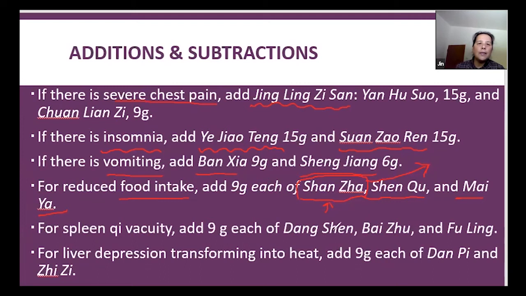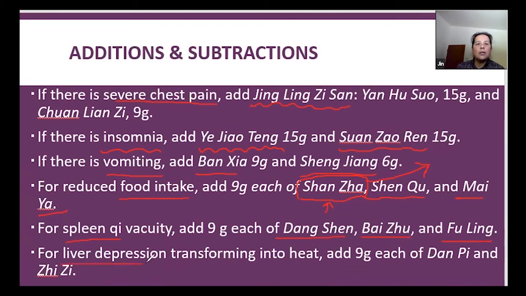And for spleen qi deficiency, mainly we can add 党参, a qi tonifying herb, 白术, a qi tonifying herb especially going to the spleen, and 茯苓, also qi tonifying.